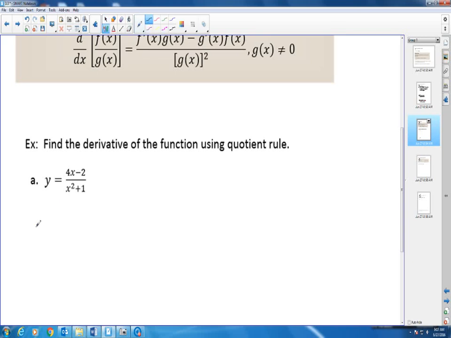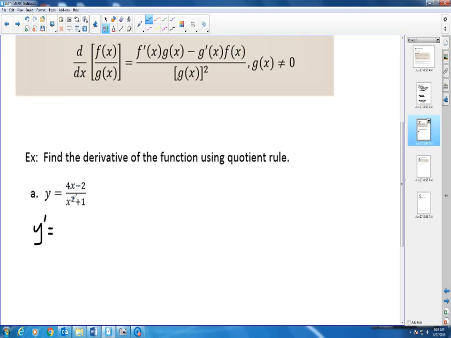So let's give it a try using the quotient rule. The quotient rule is designed for a rational function. So by the rule, take the derivative of the top, which is 4x minus 2.